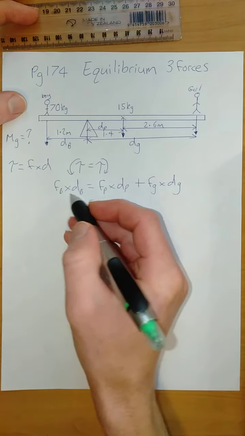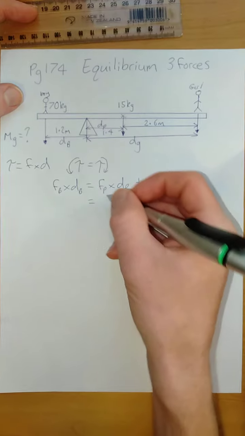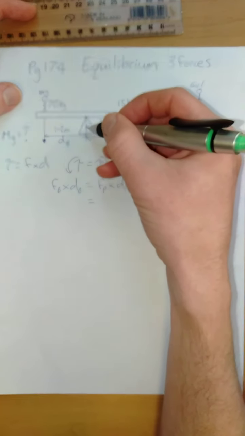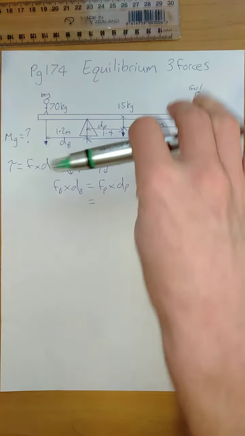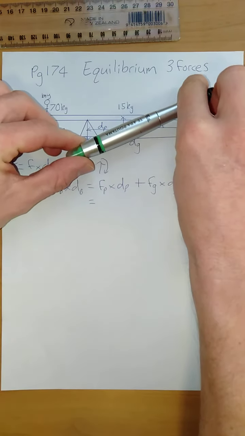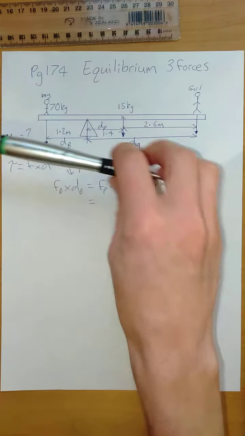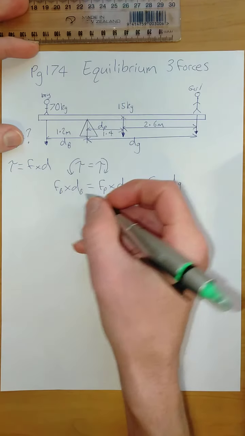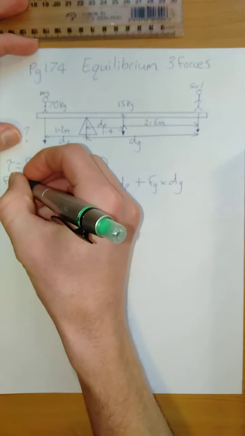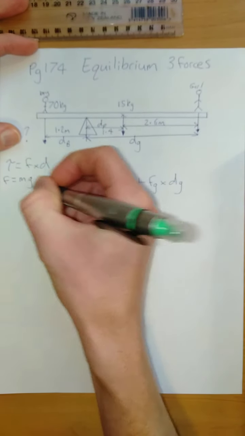All right, so we've got our first line of working. Next line of working, we need to expand it out. I'll just point out that I like to keep my equal signs directly underneath the pivot, and that helps you realize that all the things on this side are trying to make it turn clockwise. The things on this side are trying to make it turn anti-clockwise. So our next stage is we bring in the formula F is equal to mass times gravity.